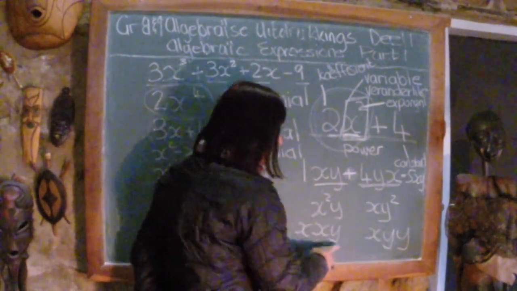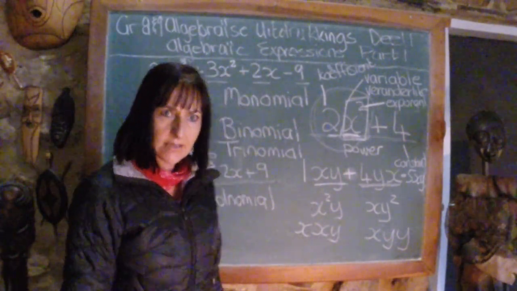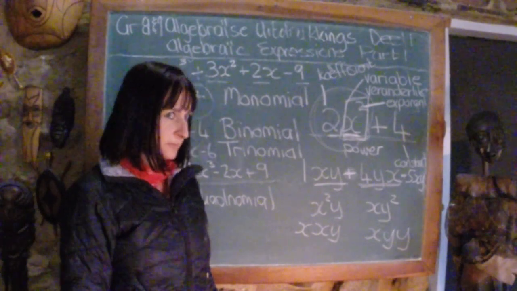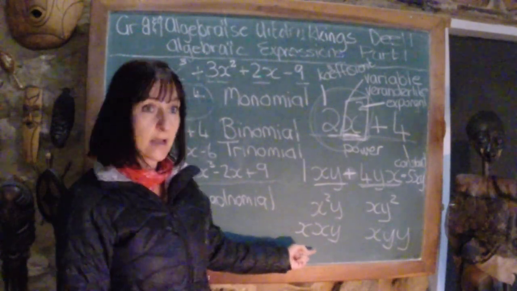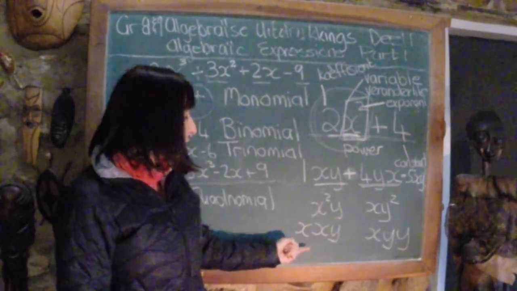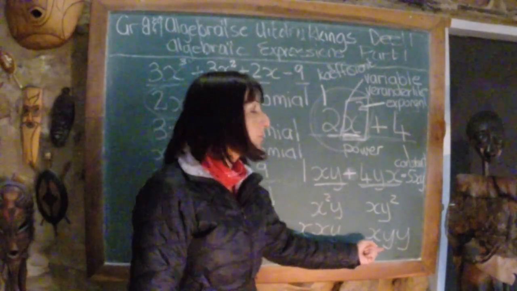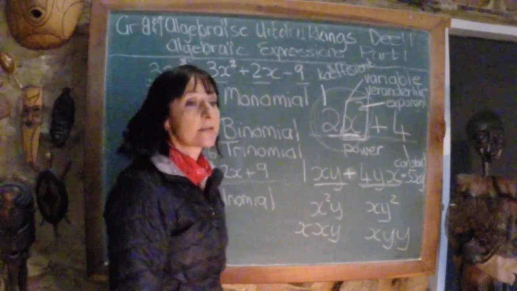X, y, y. Is that two similar? Are they exactly the same? Yes. You think so? Look carefully. Does they look the same? No. It's definitely not the same. Yes. Because that one got 2 x's and that one got 2 y's. They are not the same.